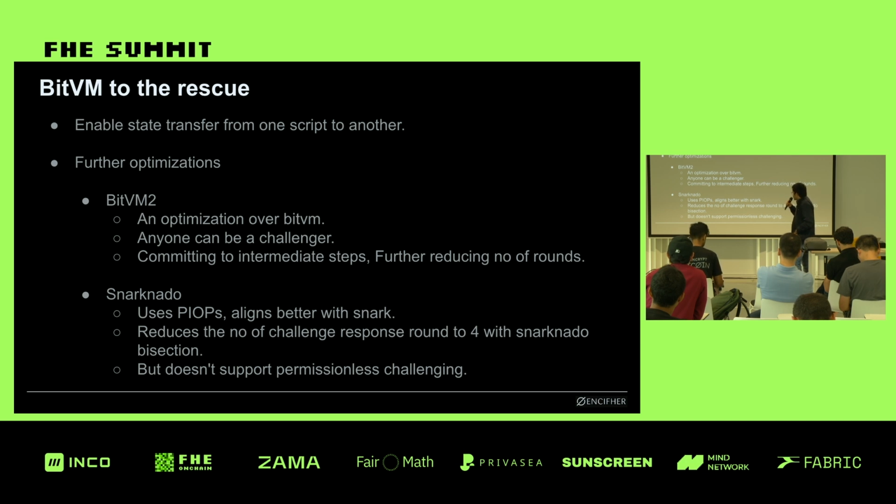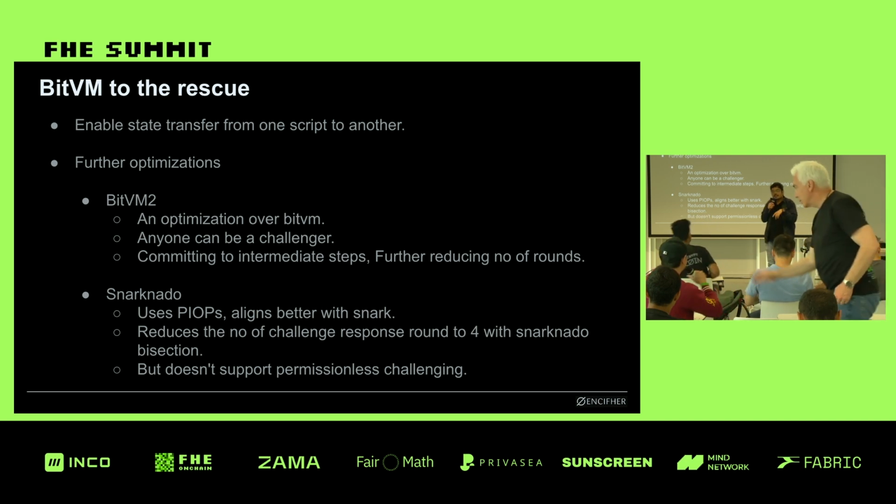But in Snarknado, we rely more on polynomial interactive oracle proofs, which are SNARK-aligned. The team has reduced the number of challenge-response periods to 4 in the bisection itself, whereas in BitVM, I'm not sure how many challenge responses there are. For now, these are the points I just mentioned. To go deeper into it, I will share some resources, and maybe we can discuss it offline. And what was the other question?